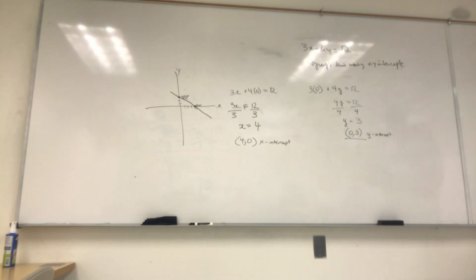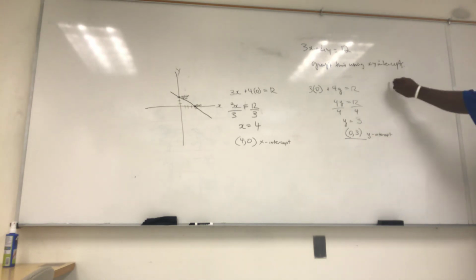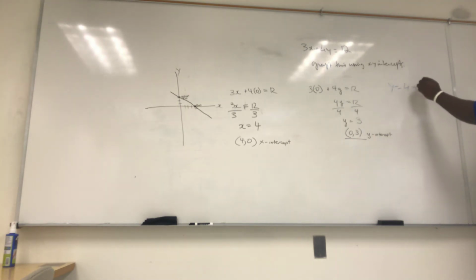I'm going to write it on the board: y equals 4x plus 5. What's the slope? 4. Everybody agrees, 4. And what's the y-intercept? The y-intercept is 5.